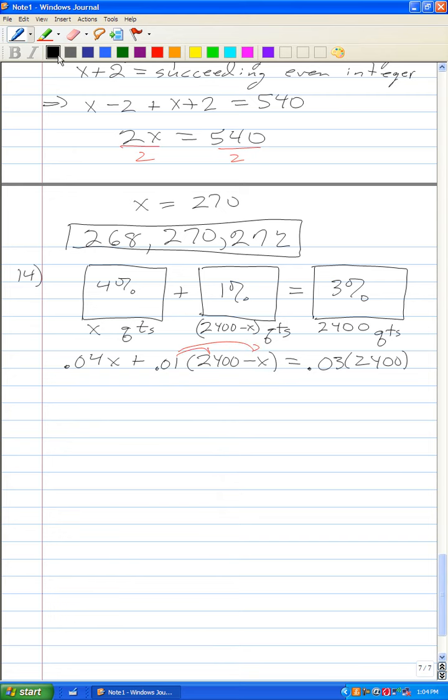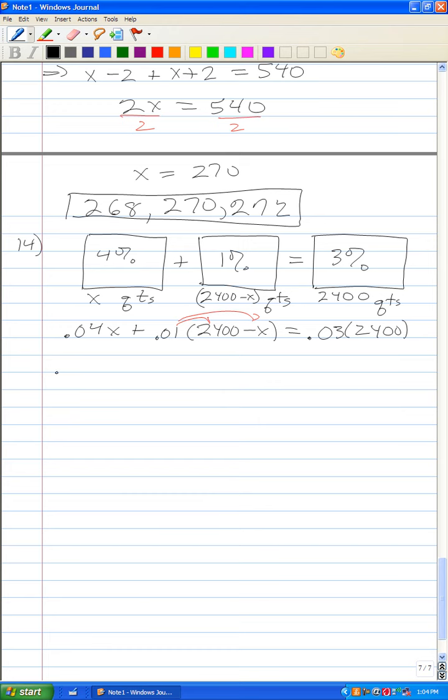So I have 0.04x plus 24 minus 0.01x equals 72. And so 0.03x plus 24 equals 72.